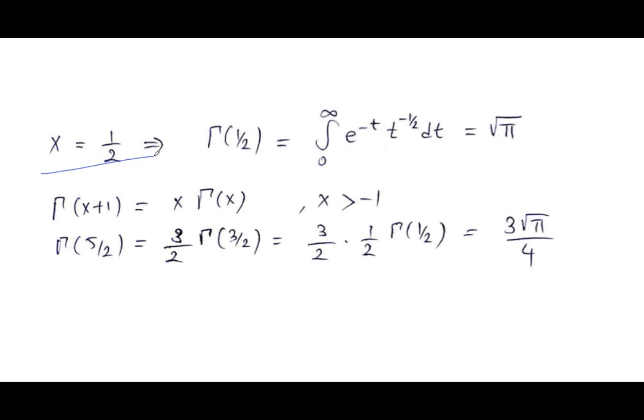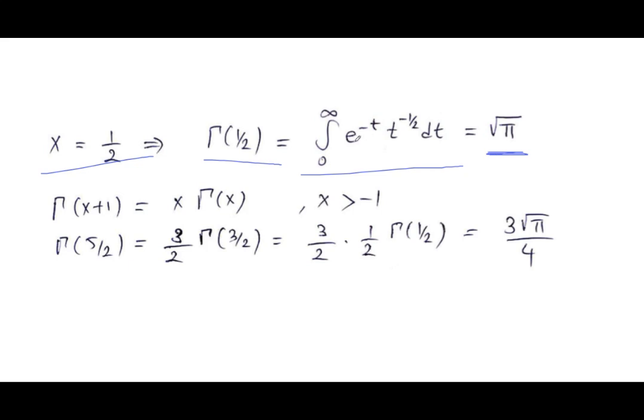For some values, for example, if x equals 1/2, we can write down the gamma function of 1 over 2. This integral is equal to the square root of the number pi.